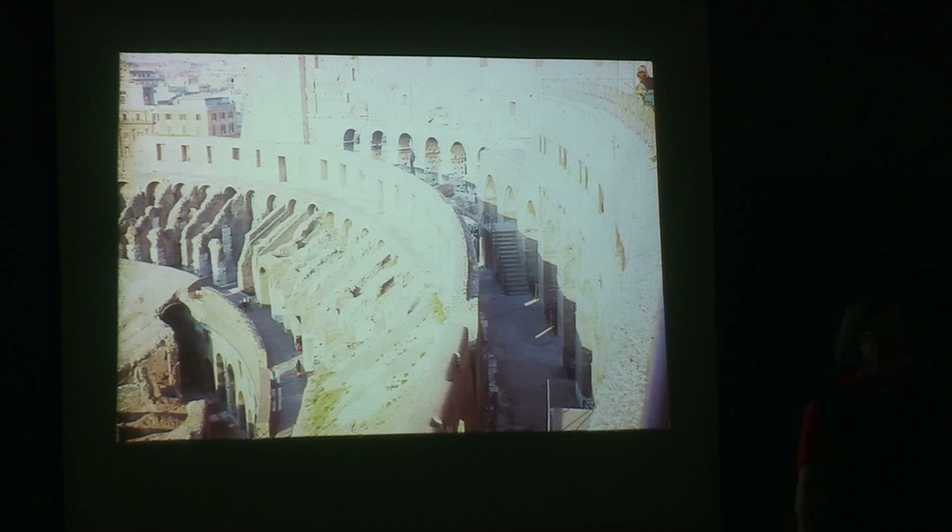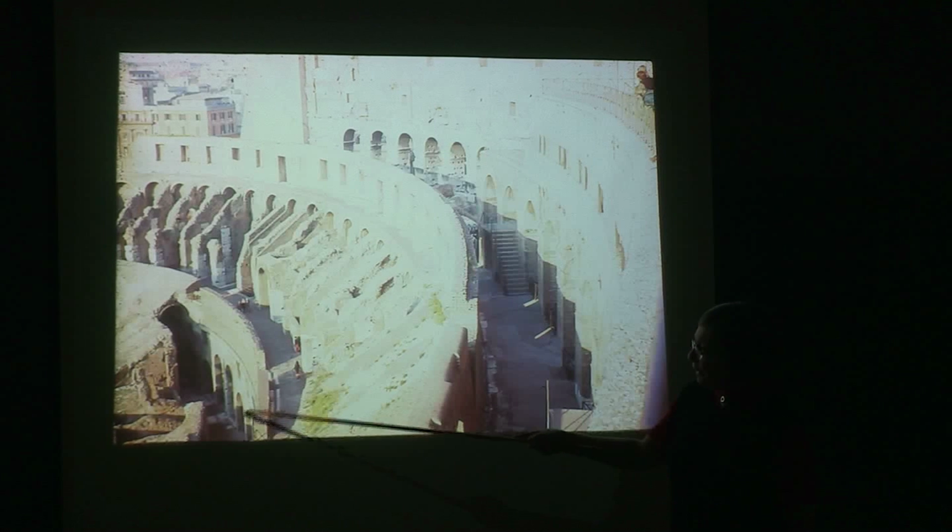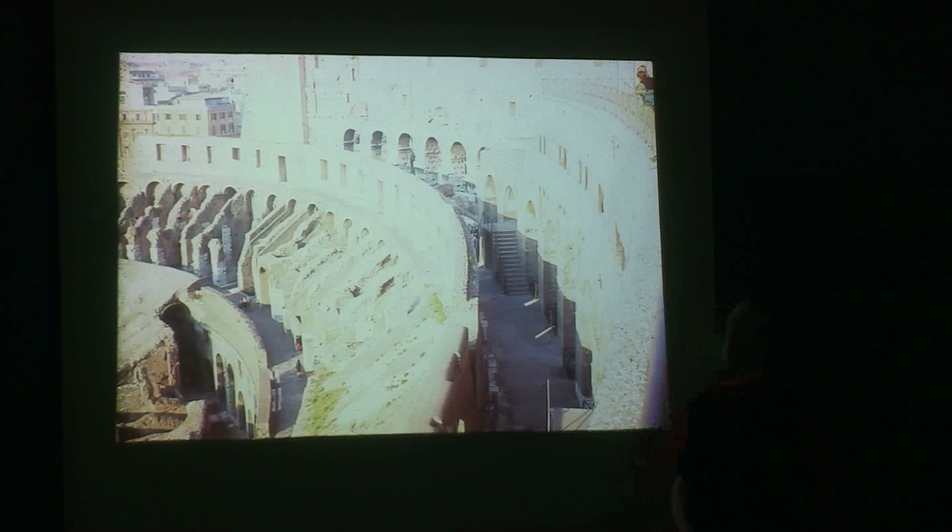So much stone was used here. 45,000 cubic meters was used just for the exterior part of the Colosseum, and maybe twice as much was used for the interior. So the lowest parts would be built of tufa.